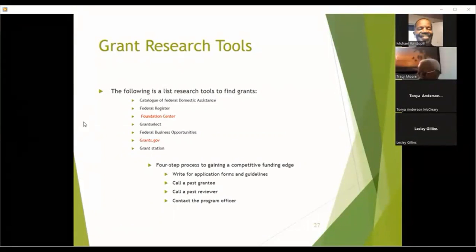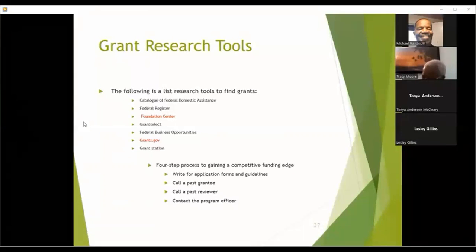Now, there are four key steps to consider when you're going for a grant in order to increase your chances. First, make sure you read the guidelines. Second, make sure you talk to someone that was a past grantee, or someone that was a past reviewer of a grant, or reach out to the contact program officer or the contact person.